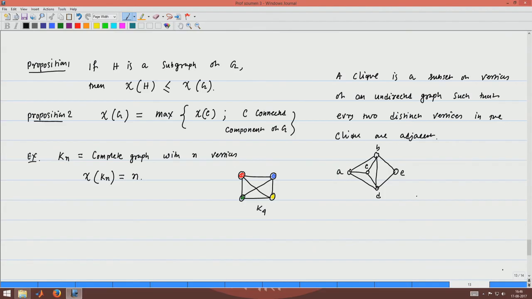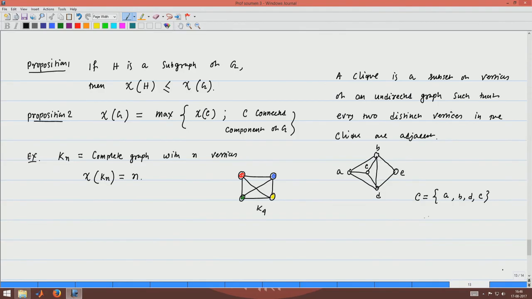So, definitely A, B, D and C, this is a clique because you can see that these 4 vertices are adjacent to each other.